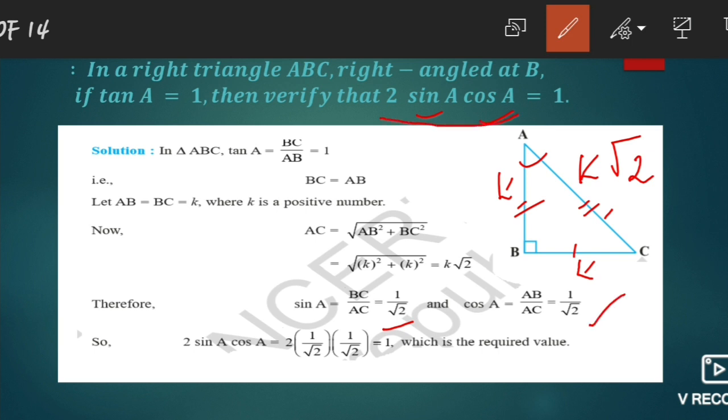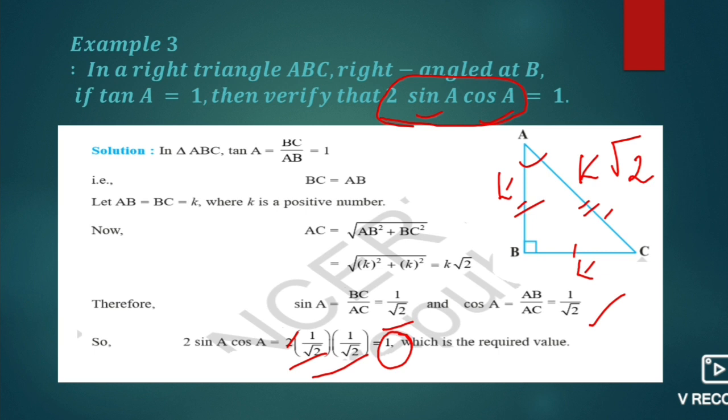Now if you put the values of sin A and cos A on the left hand side, or LHS, you will find it is 2 into 1 by root 2 into 1 by root 2. So this root 2 will be cancelled with this 2, and the value will be 1. In this way I can verify this equation.